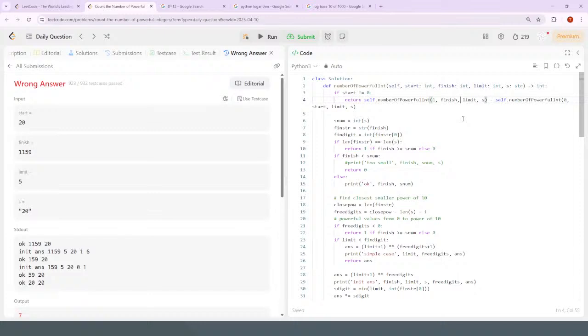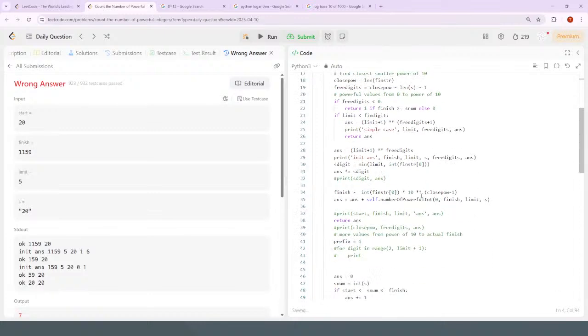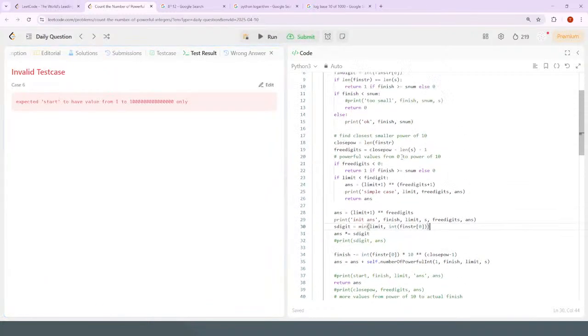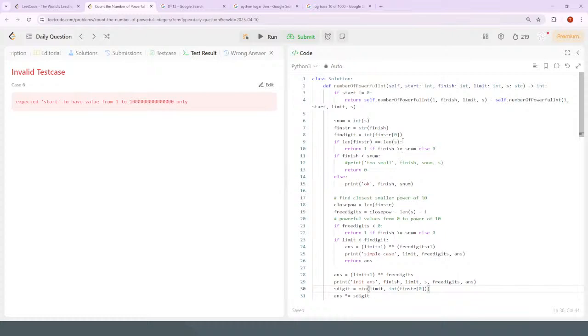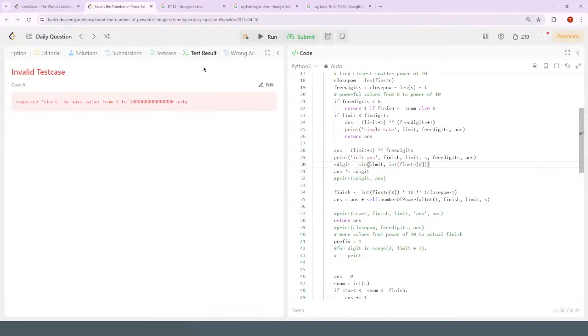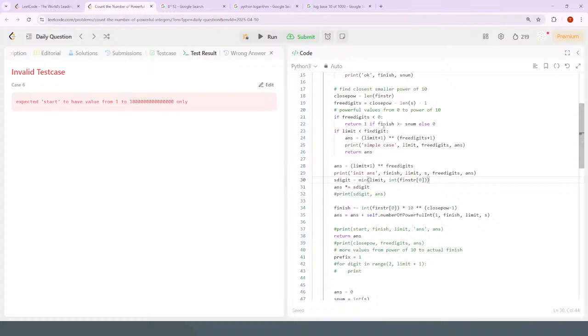Okay. 1, 1. Start should have values. I fixed it. Case 6. Start should have values 1, 2.